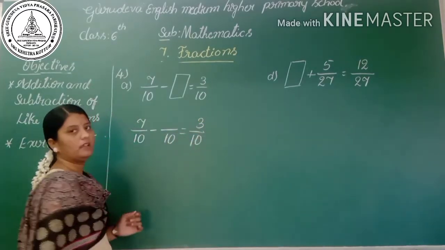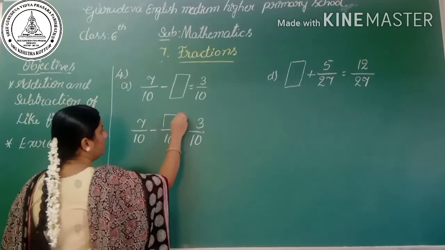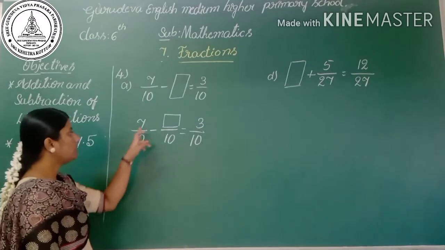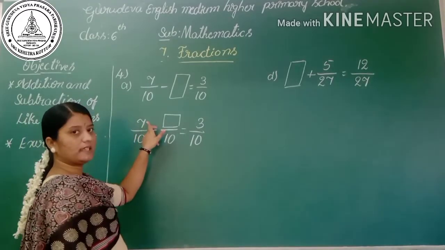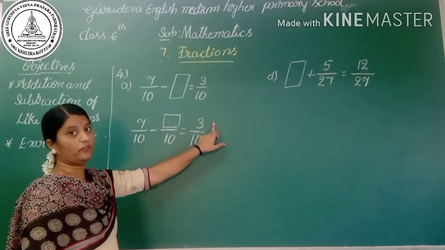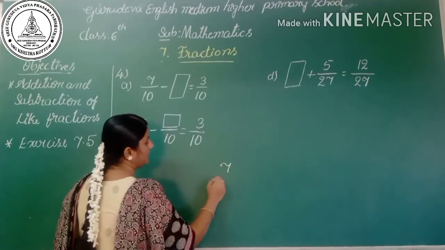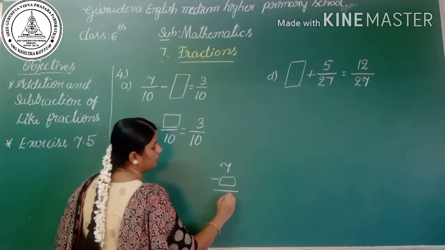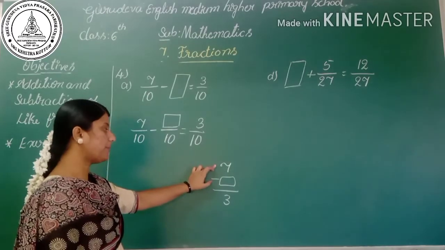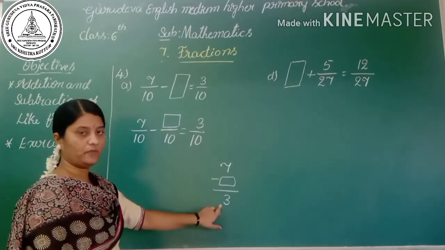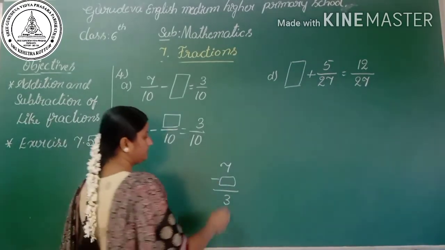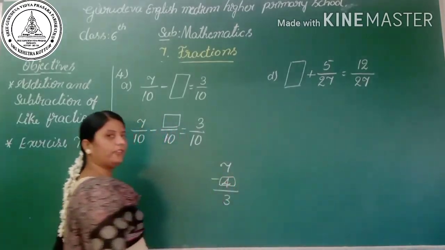In the numerator, 7 minus blank is equal to 3. Which number do we have to subtract from 7 to get 3? As you can see, 7 minus 3 is 4, right? We have to fill in the 4.